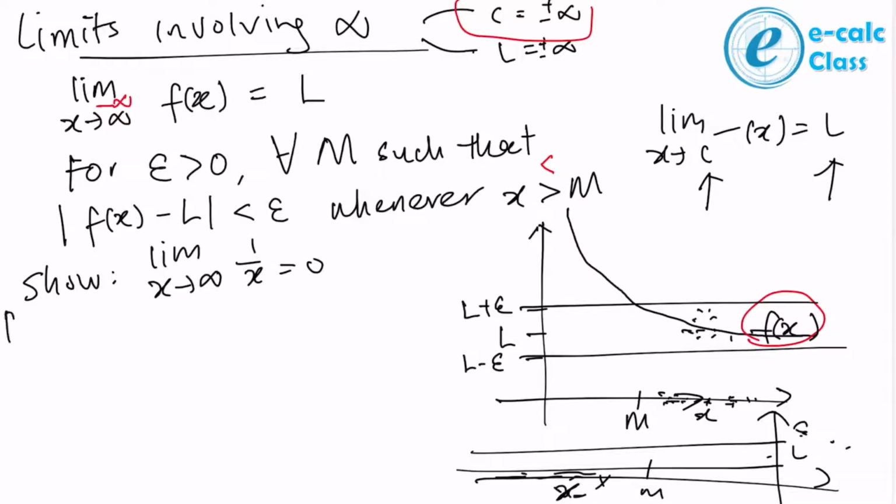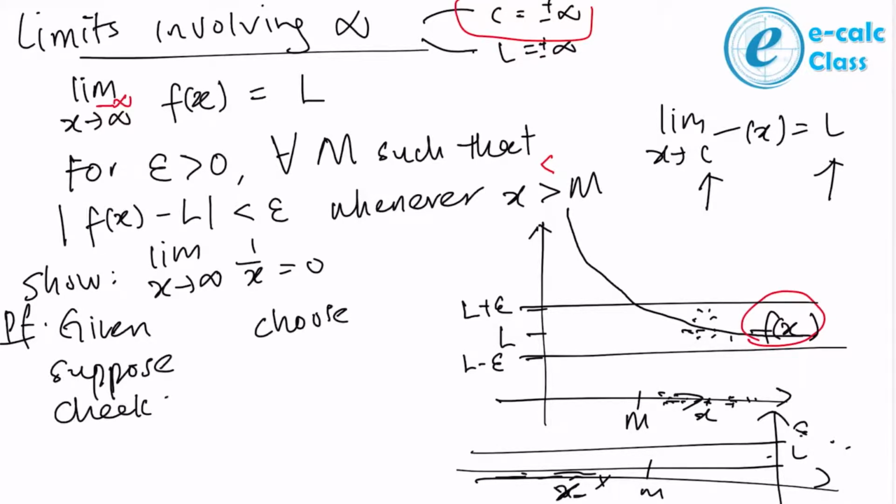So you write down the proof. How are you going to prove that? I gave you a template just now, isn't it? Given, choose, suppose, check. I'm running out of space a little bit, but let's do this. Given, now you are dealing with f(x).